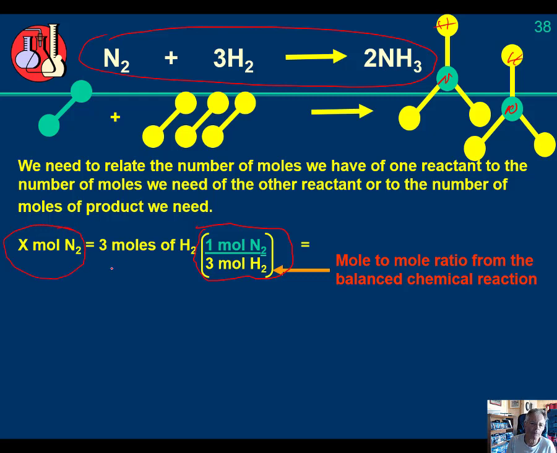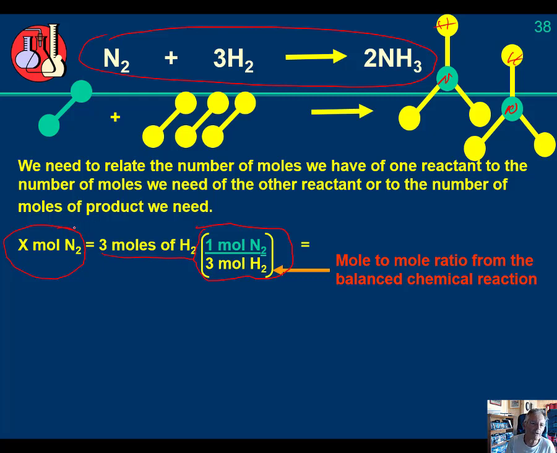And here's what this problem says. Given that you have 3 moles of hydrogen, how many moles of nitrogen are required to completely use up all 3 moles of hydrogen? And notice that we aren't concerned in this particular problem with ammonia, NH3, only with nitrogen and hydrogen.